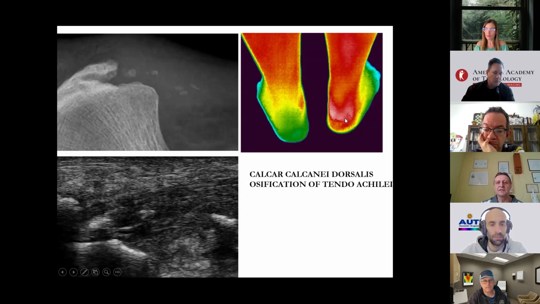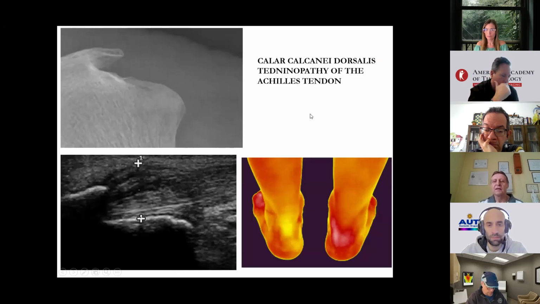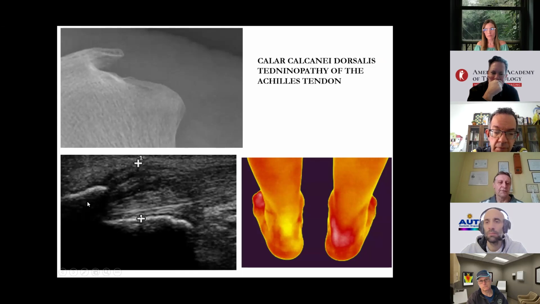And due to this, on thermography, we can see increased temperature activity on the site of insertion of the Achilles tendon.